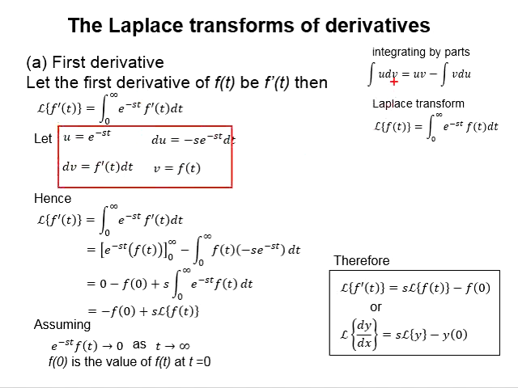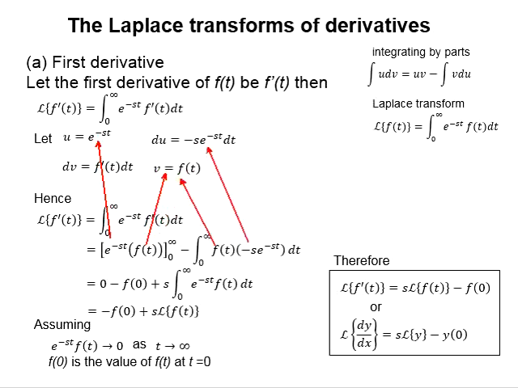Substitute these values into the equation for integration by parts, uv minus integral of v du. Solve the functions here, you will get this.